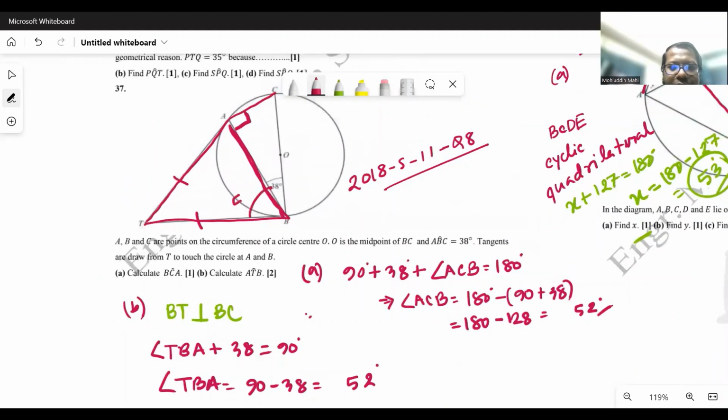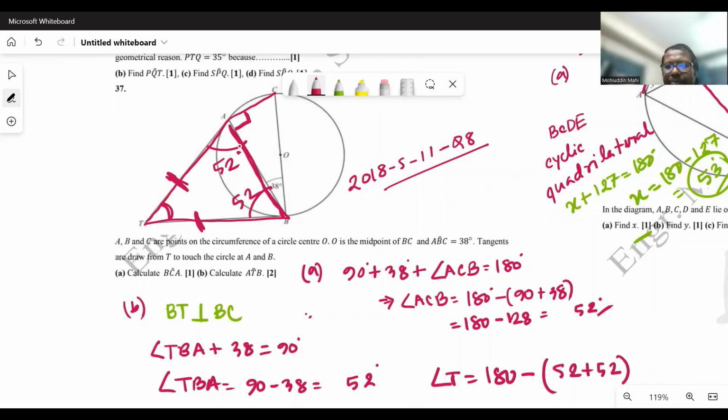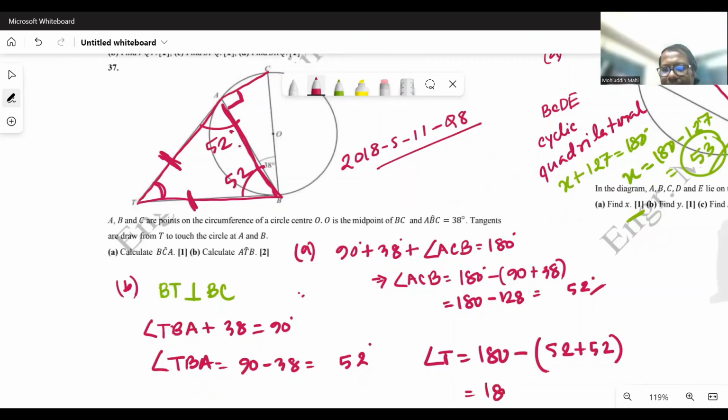Now, if this is 52 degrees, this will be 52 degrees as well, because in an isosceles triangle, angles opposite to equal sides are equal. So angle T is going to be 180 minus 52 plus 52, so 76 degrees. All right. So this is 76 degrees, angle ATB.